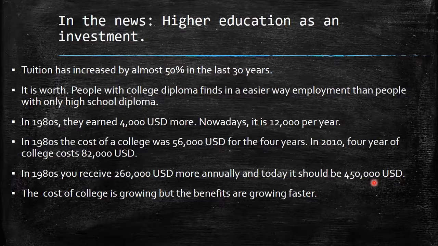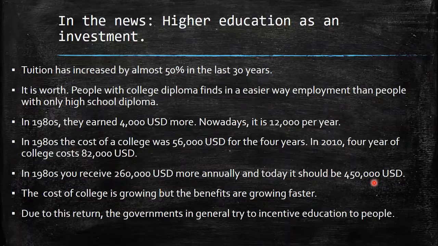Then, higher education as an investment. Due to this return, sometimes governments in general try to give incentives for education to people. Why? Because this is the best investment ever. Even if you compare with stocks, with bonds, with all the stock market, this is the best ever, because you will have the best yields.